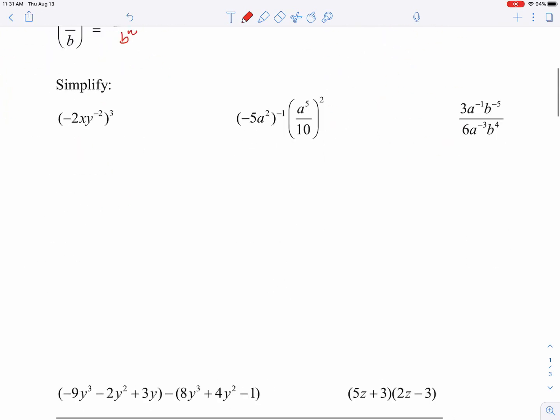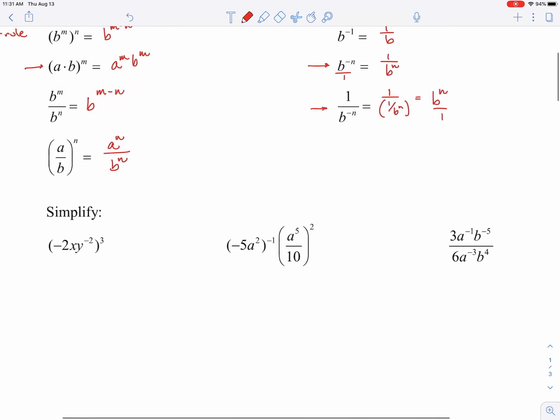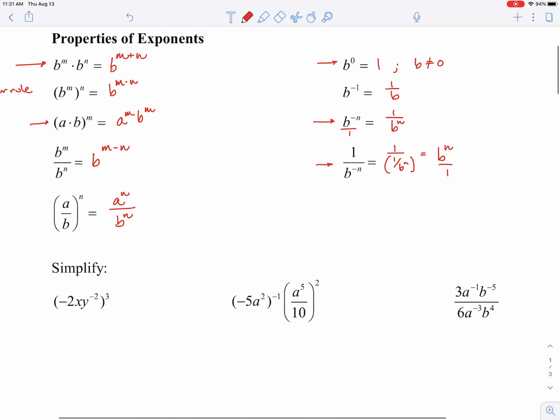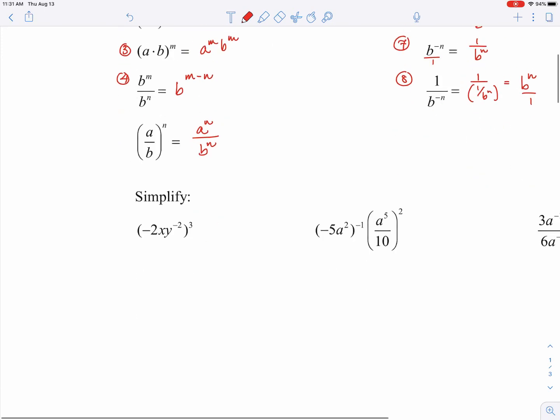And then we just have a few examples here that we're going to run through quickly. Maybe we should number these rules: 1, 2, 3, 4, 5, 6, 7, 8.